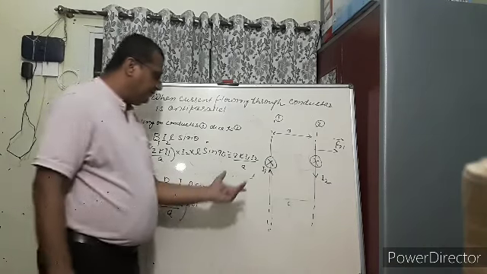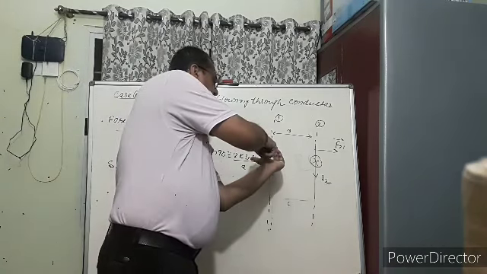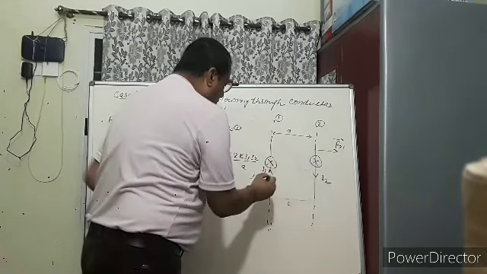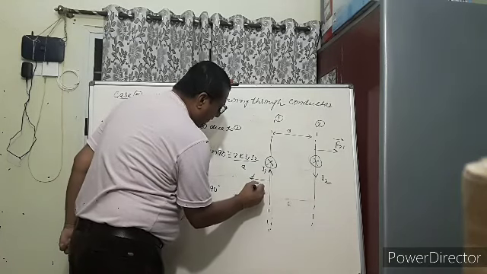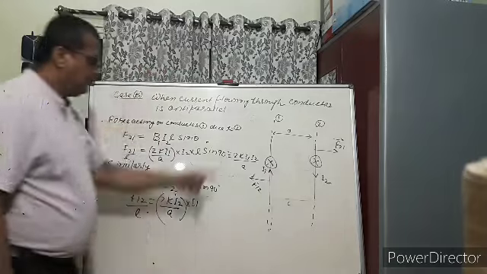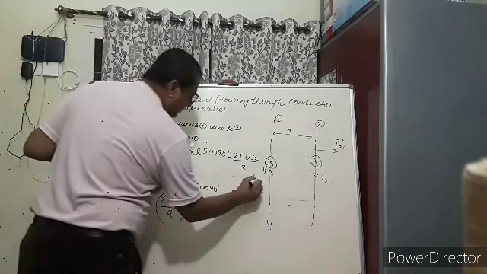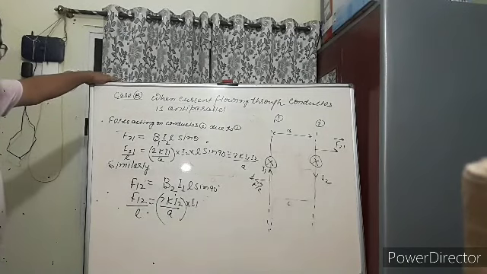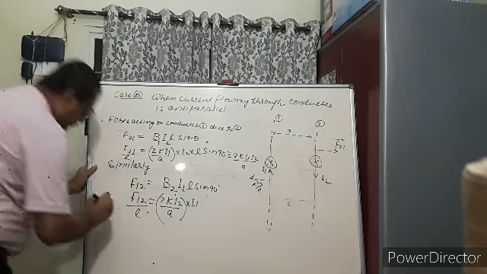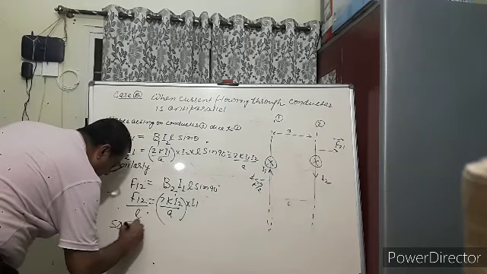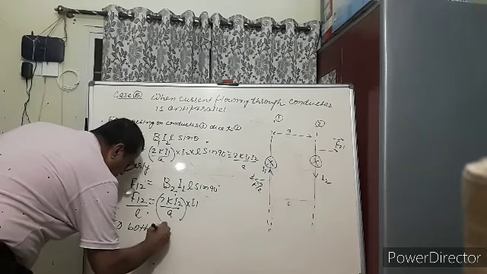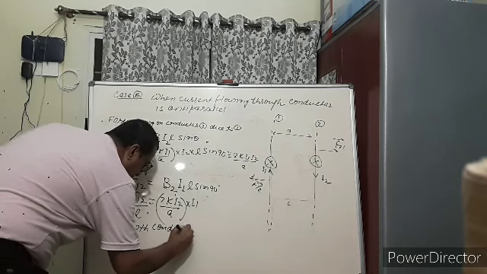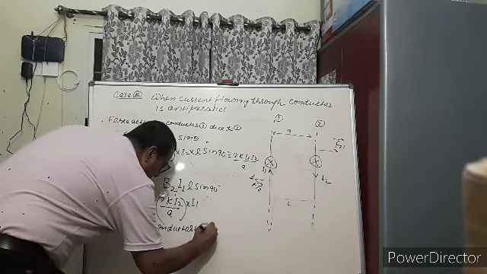Now the direction. This is the inward field. Current is flowing upward, so the thumb is acting along this direction. So for F12, the force is acting outward here, and that is outward also. So both conductors will repel each other.